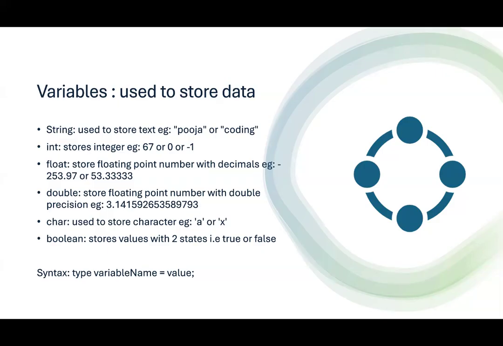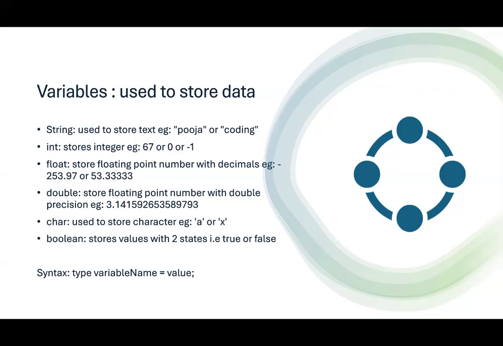So the syntax is: first, we declare the type. What type, whether it's a String, int, float, double, char, or boolean. Next, the variable name. While writing the variable name, we have to use camel convention.